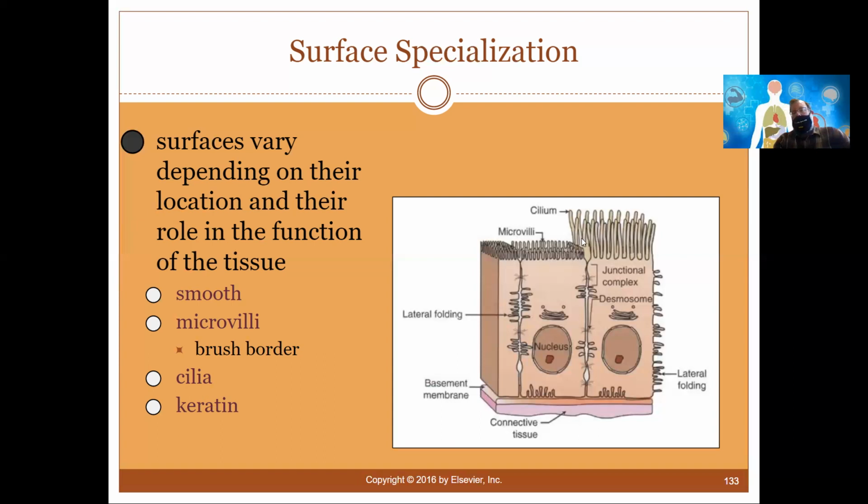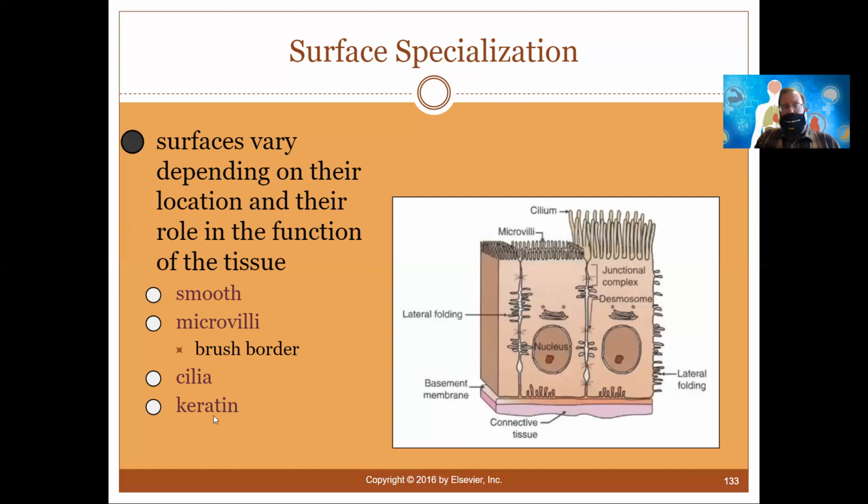Cilia generally are a little bit sticky, so they can trap microparticles. So when you breathe in dust or dander or other people's skin, those microparticles will attach, and then the cilia, through wave-like motions, will bring that gunk to the outside of the body.